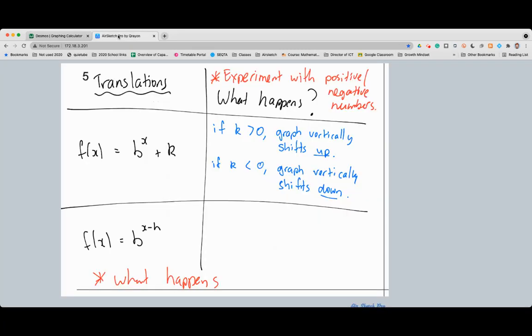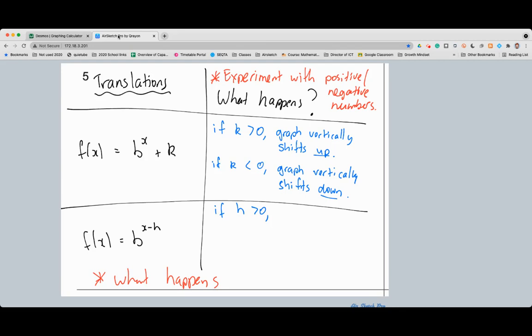Okay, let's capture that. So I guess the thing to note is that when you are affecting the X value, it kind of has a counterintuitive result.